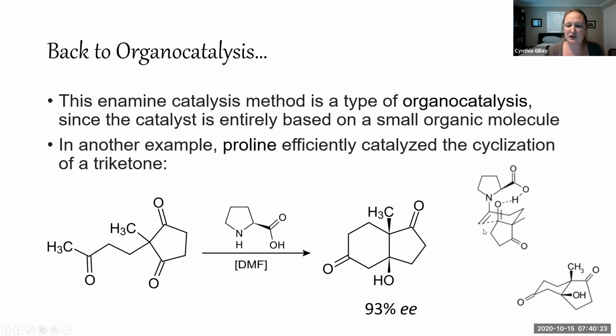And then that would change the facial selectivity of the reaction, meaning that the enamine, which is the nucleophile, would attack the carbonyl carbon of one of the ketones in the ring, either from one face, which is the front face, or the other face from behind.